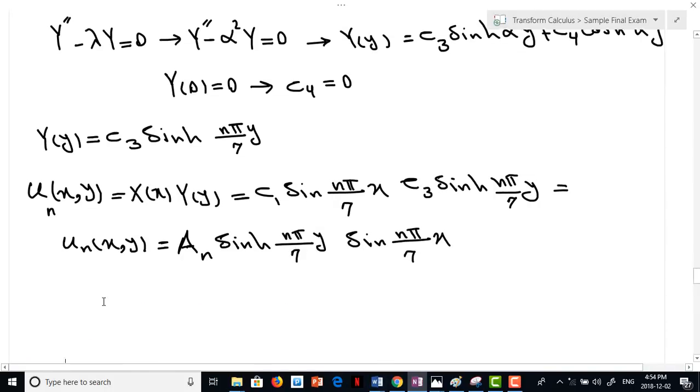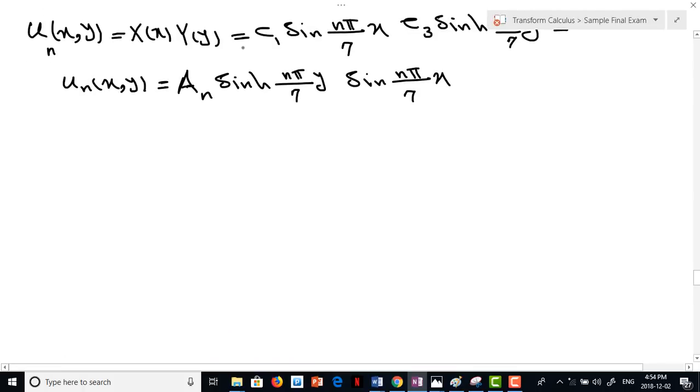We could find u of x and y based on superposition principle. So we know that u of x and y, which is summation of un of x and y, is a solution as well. So it can satisfy the partial differential equation or Laplace equation and first three boundary conditions. So n from 1 to infinity.